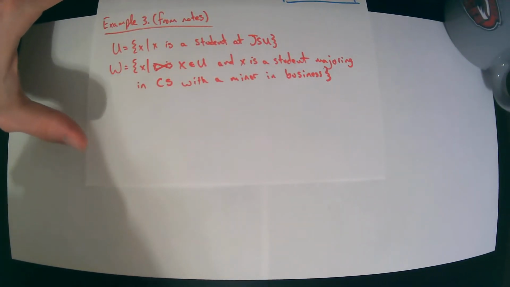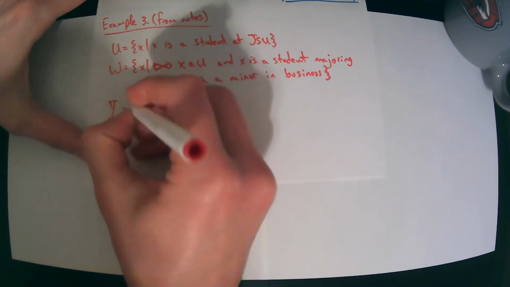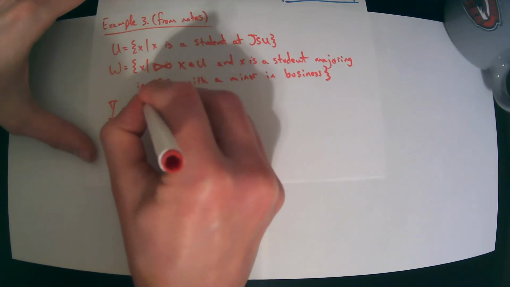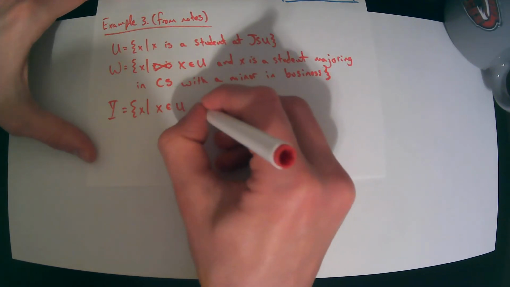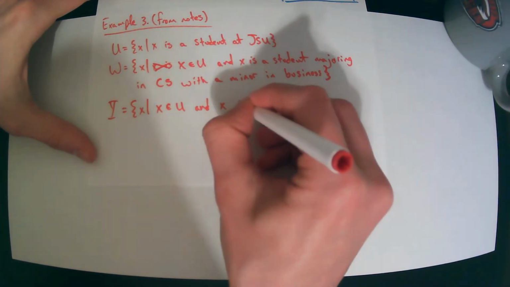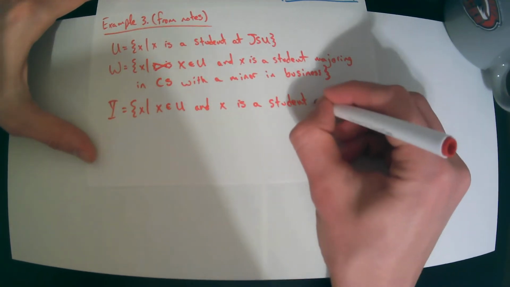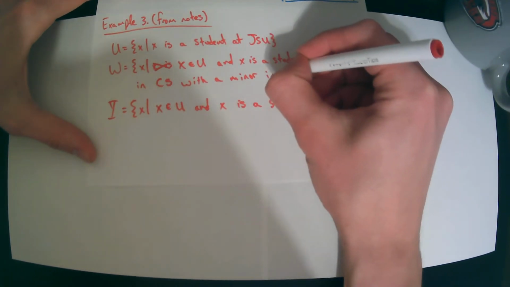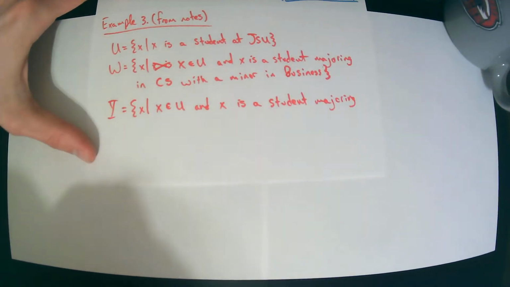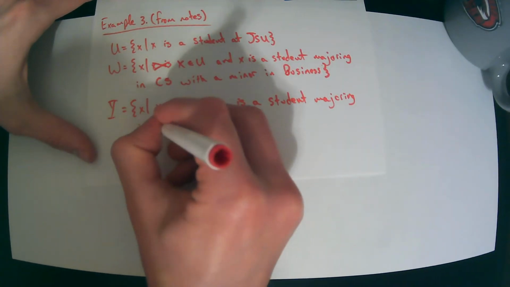Let's let Y, capital Y, be the set of all X such that, of course, X is a student at JSU, and X is a student majoring, oh, I should capitalize Business because it's a minor here, majoring in computer science.